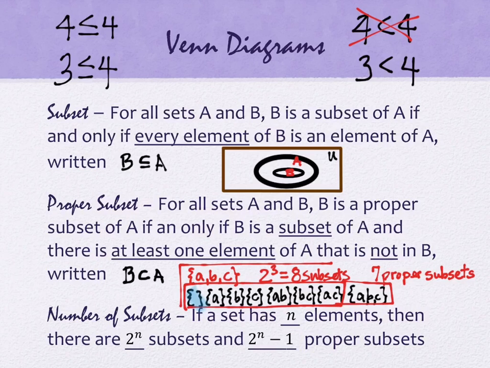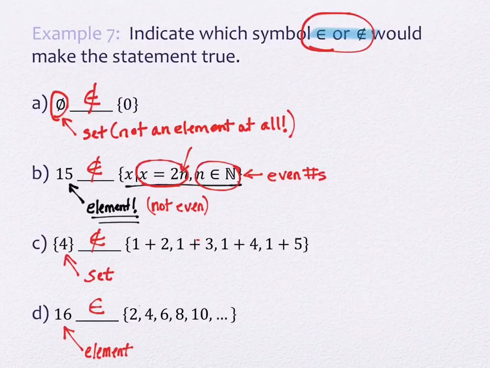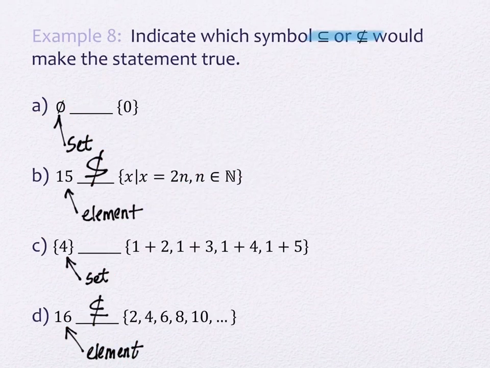I told you the empty set, by the way the definition always works, is always a subset, because everything in the empty set, of which there's nothing, is contained inside of the other set. It's definitionally going to work, even if it feels kind of funny. So this one is a subset. Works.